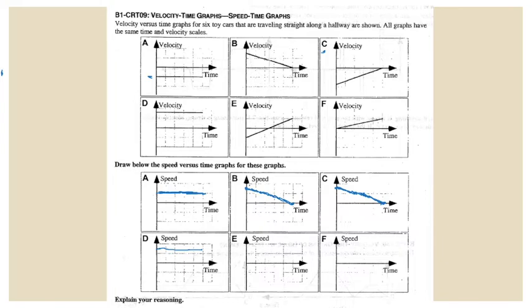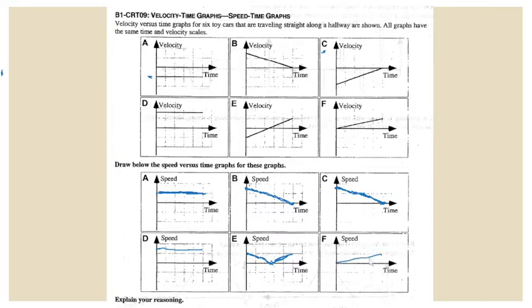So the velocity gets to 0 at the 2.5 mark, and wherever it's negative, so notice it starts at -1, the speed should start at +1. And so rather than just being a straight line, it should just look like a V, like this. And then for F, it's the same graph.